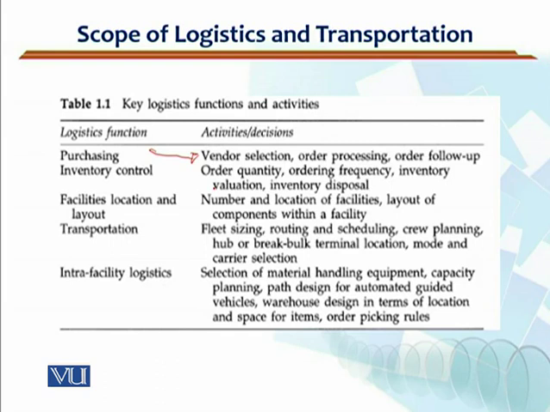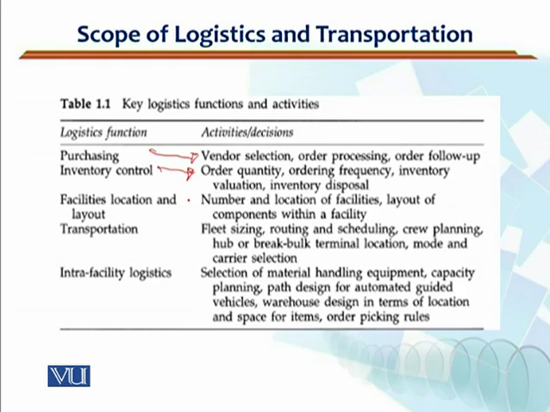That is all about the order quantity, how much you will order that will optimally decrease your overall cost; order frequency, how many times you need to order; inventory valuation, how you would value your inventory after one period or one quarter; and inventory disposal, how you would dispose of your inventory.